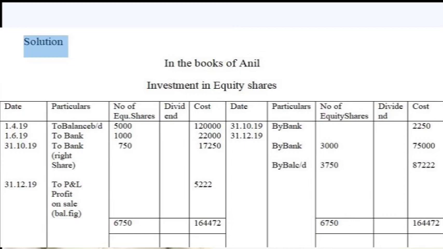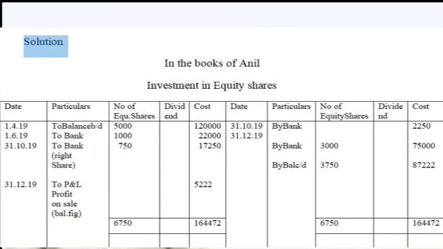Then on 31st December 2019, he sold 3,000 equity shares at a premium of rupees 5 per share. That means 20 plus 5, 25. Then by bank number of equity shares 3,000. Then on cost column 3,000 into 25, that comes to 75,000. Then on 31st December 2019, we balance our account by balance carried down.